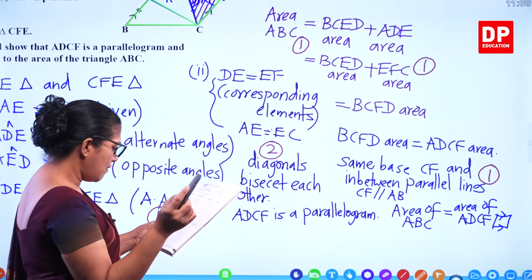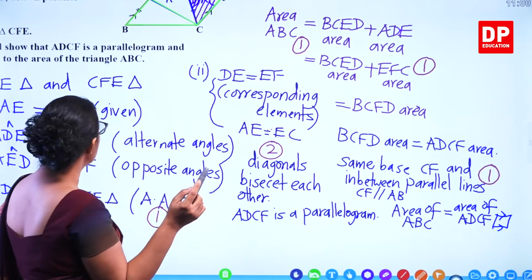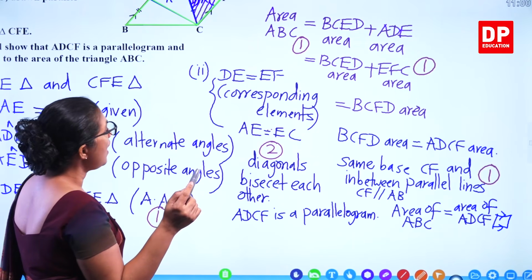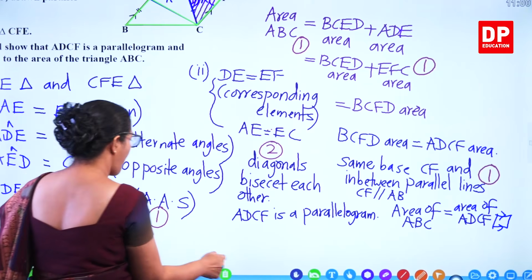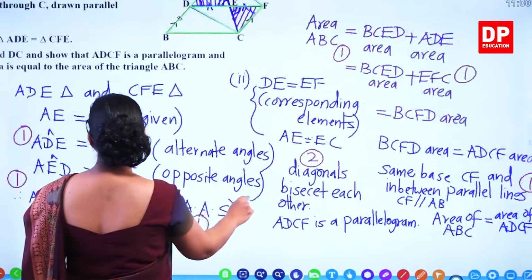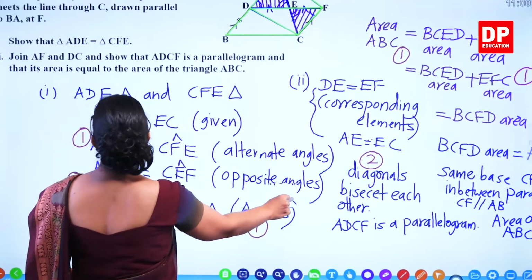So altogether 5 plus 3, 8. 1, 2, 3, 4, 5, 6, 7, 8.